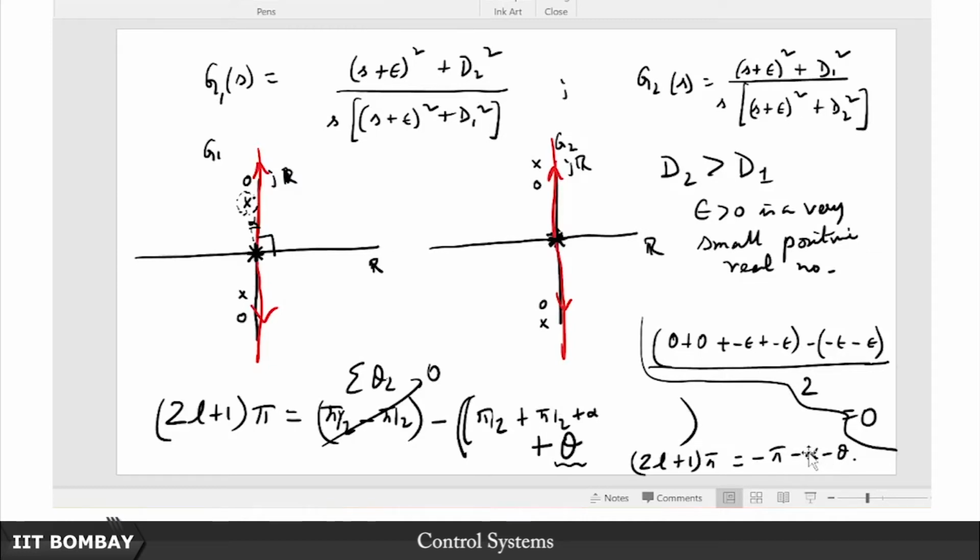Yeah, I suppose that should be correct. Now I hope I am not making a mistake here. Now hopefully there is no room for any error.